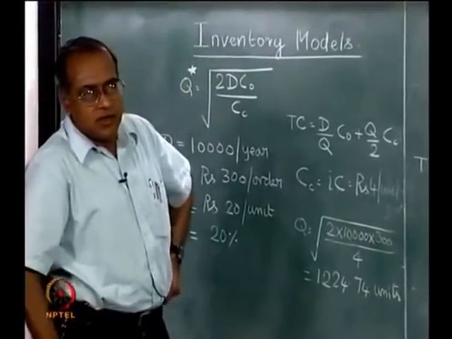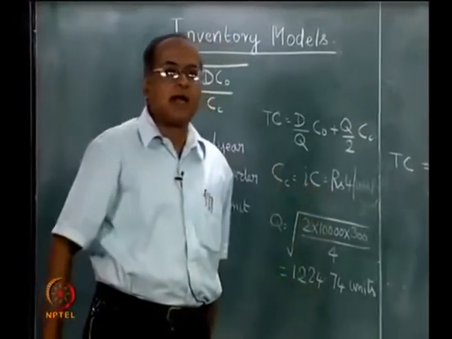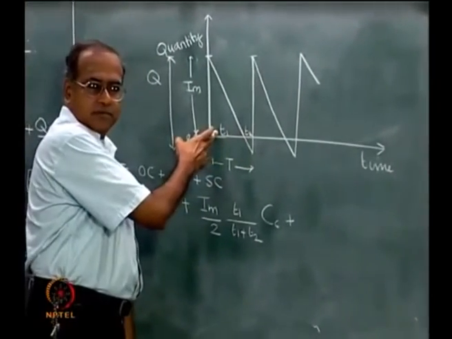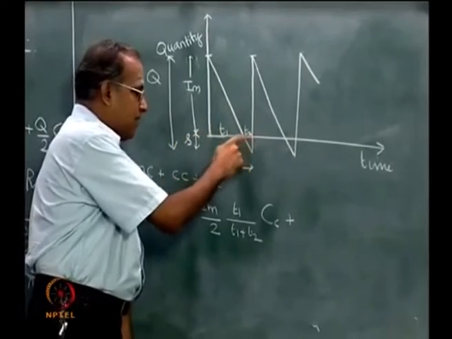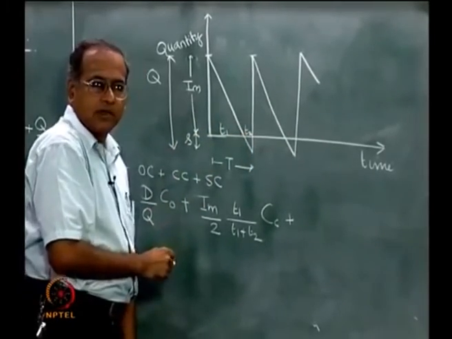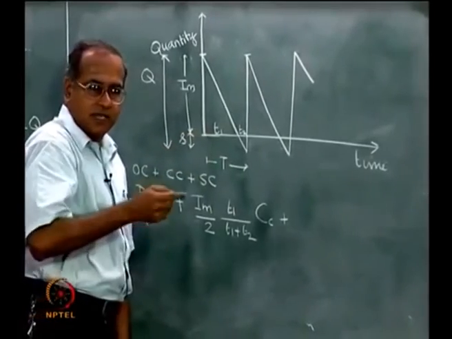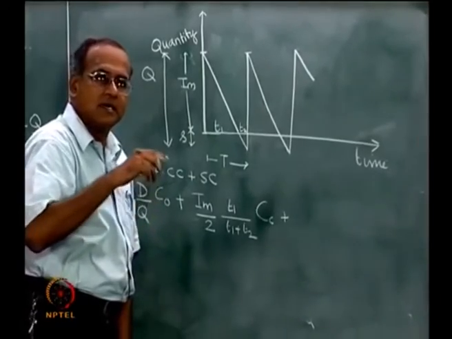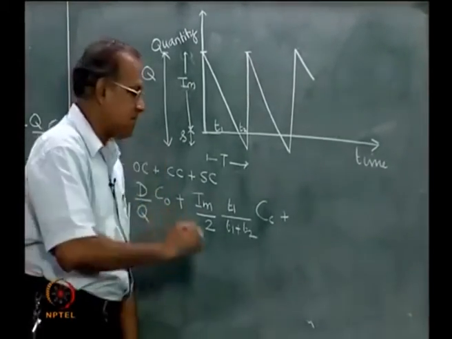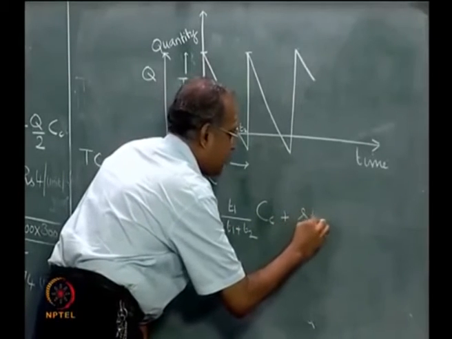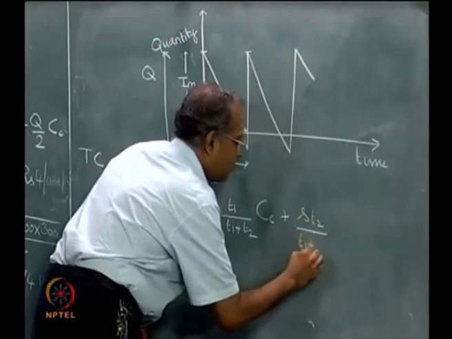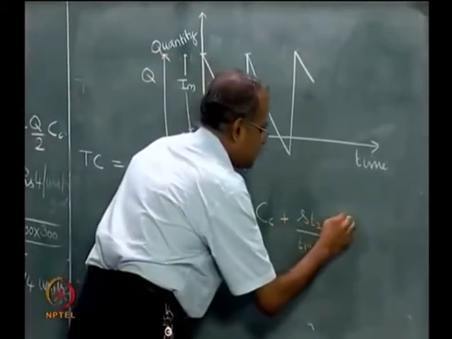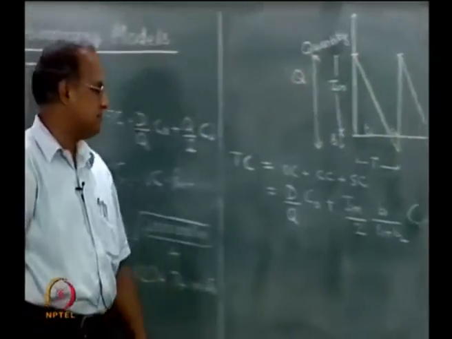In a similar manner, the average shortage or back order is 0 for a period T1, average back order of S by 2 for a period T2. So 0 into T1 plus S by 2 into T2 divided by T1 plus T2, which on simplification would give S into T2 by T1 plus T2, into the back order cost, which is defined as CS.